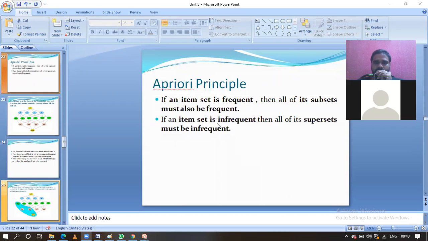The second rule is: if an item set is infrequent, all its supersets must be infrequent. Based on this, we are going to eliminate the number of item sets. We are going to reduce the overall candidates with the help of these Apriori principles.